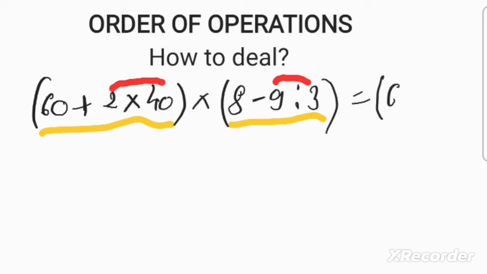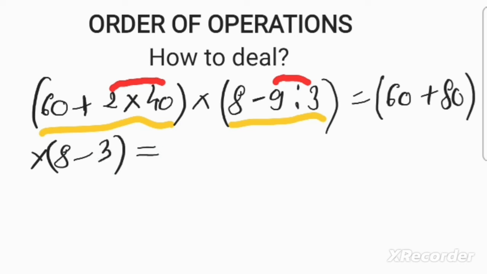So we have 16 plus 14 multiplied by 2 equals 28, yes, multiplied by 8 minus 9 divided by 3 equals 3. So we have the brackets remaining. Now we can do the simple way. We do first addition and after that subtracting.